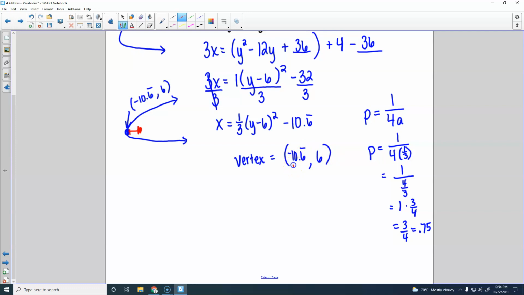So it's like I'm adding 0.75 to that coordinate to find the focus. So the focus would be negative 9.916 repeating, and then the 6 just stays the same because it's going to have that same y coordinate.